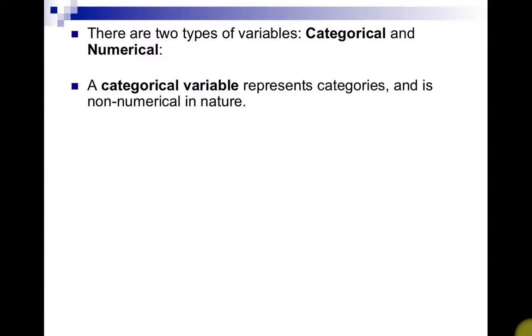A categorical variable represents categories and is non-numerical in nature. For example, a student's major, liberal arts, math, science, those are categorical because the answers to those questions are not numerical.